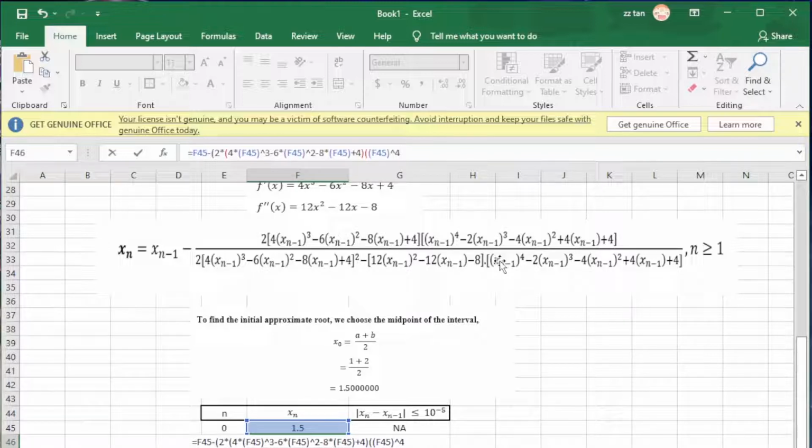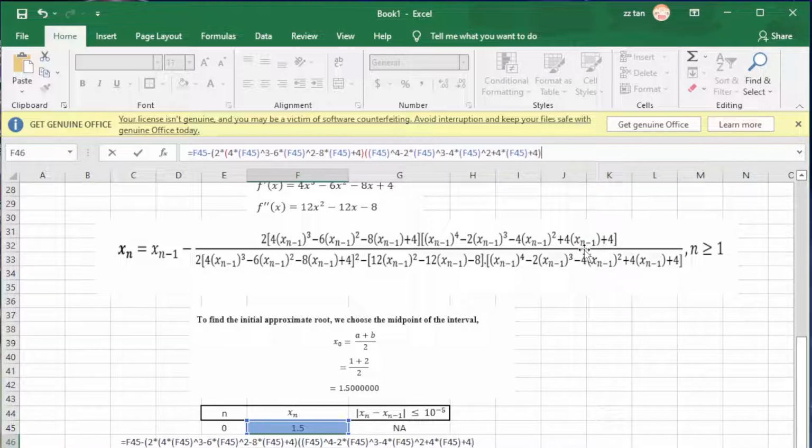Then we minus 2 times x naught cube, minus 4 times x naught square, and then we plus 4 times x naught and then plus 4.